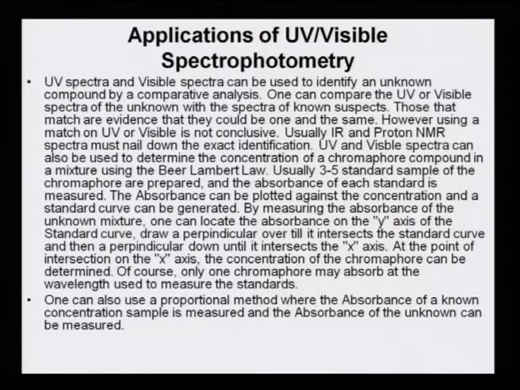At the point of intersection on the x axis, the concentration of the chromophore can be determined. Of course, only one chromophore may absorb at the wavelength used to measure the standards. So, the usual calibration method which has been described just now must be adapted in order to quantify.